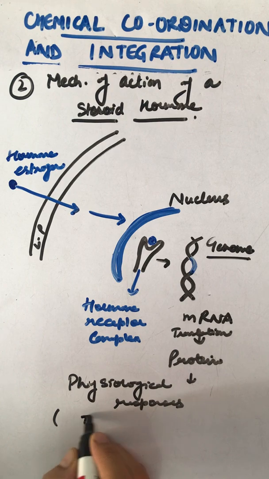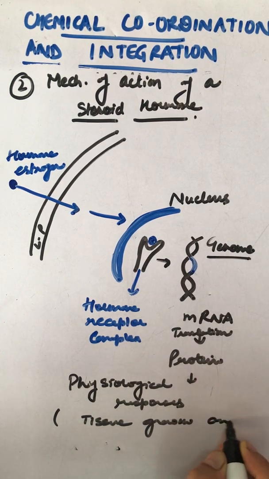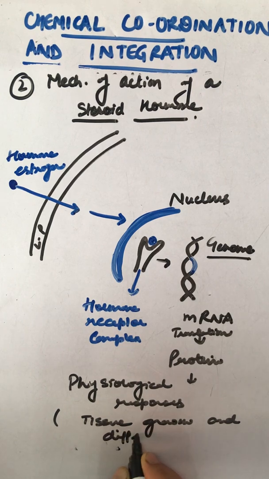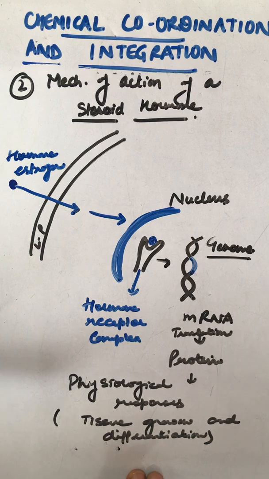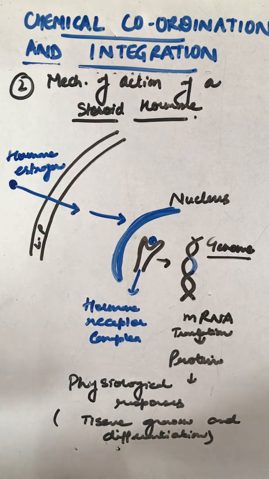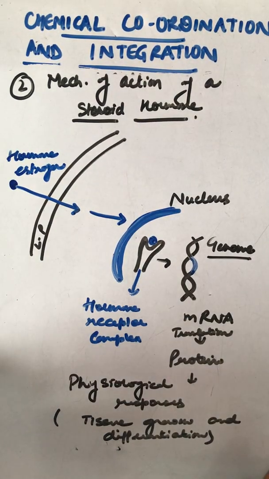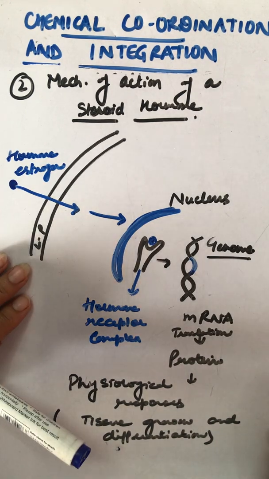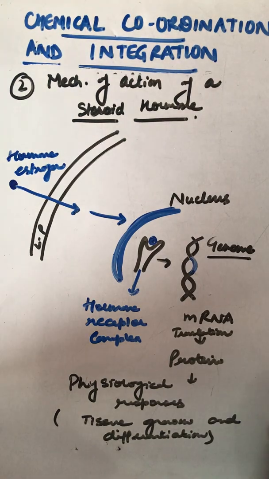What are these? These are tissue growth and differentiation. This is observed when the estrogen directly enters into the nuclear region of the ovarian cell. This is all about the chapter. This was the last topic, mechanism of action of hormones. Thank you.